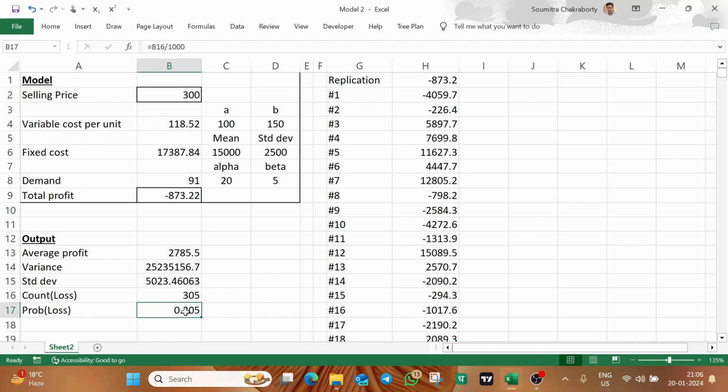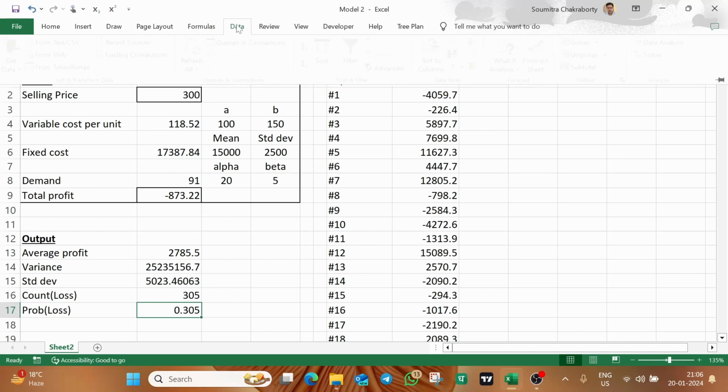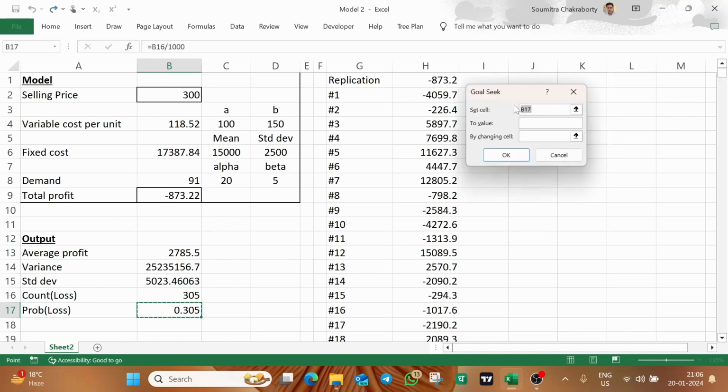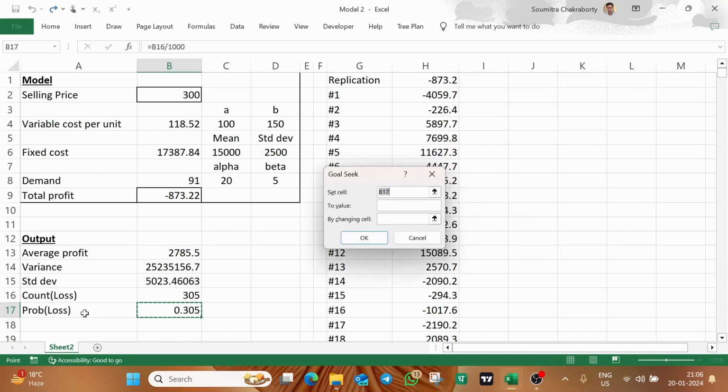Another method is that you can use the goal seek function. For example, from Data you go to What-If Analysis and Goal Seek. Suppose I want to see the probability of loss not more than 0.1. So I will set this B17 cell to 0.1, and I will enter the by changing cell. That means what is the variable cell for me, my decision variable, that is the selling price.